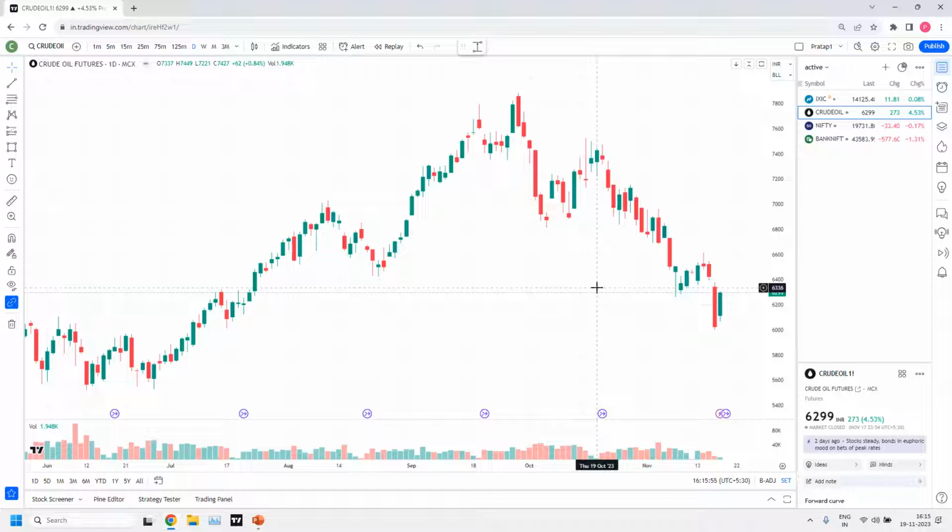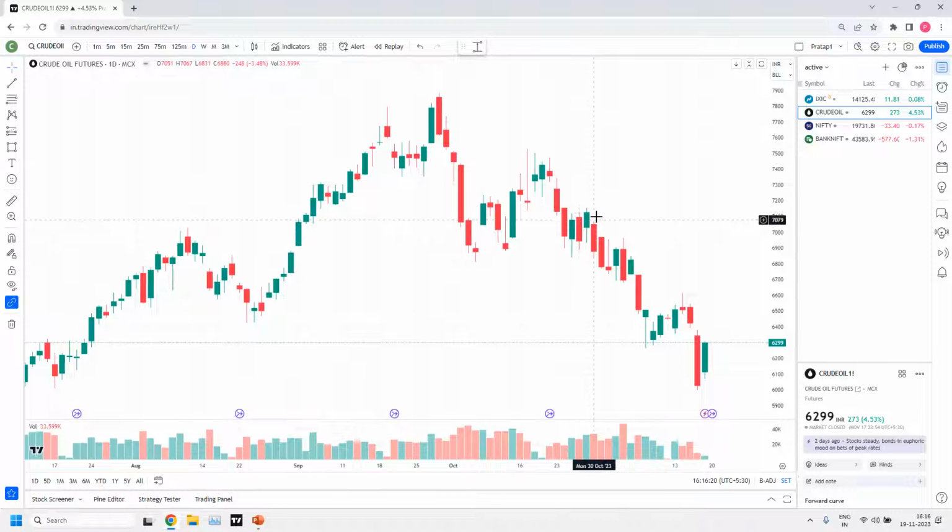The second one is a leg out with gap. Third one is a leg out with follow through. Fourth one is leg out without follow through. And the last one is leg out with sluggish. So let us identify some demand and supply zones, and we will check what kind of leg out they are having.